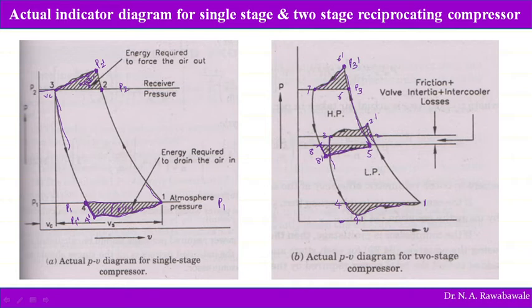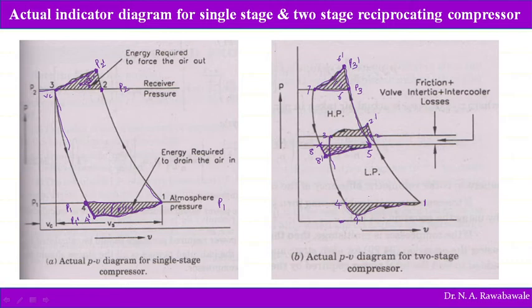So this is the additional work required in case of compressor. Actually theoretically we do not consider this extended portion. So this extended portion is considered in actual indicator diagram. So this is how there is a difference between actual indicator diagram and theoretical indicator diagram.